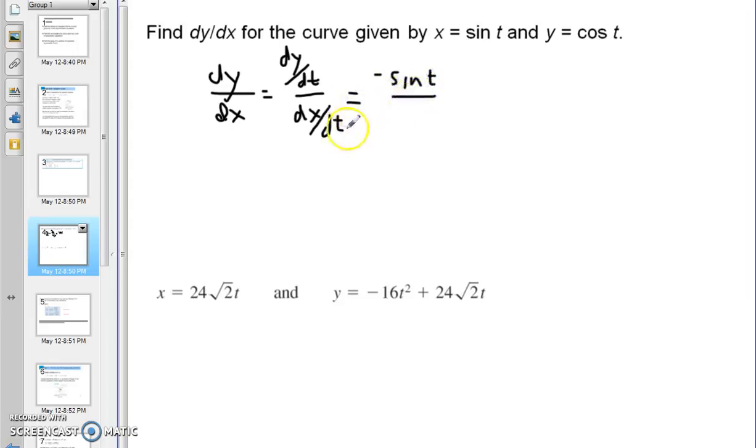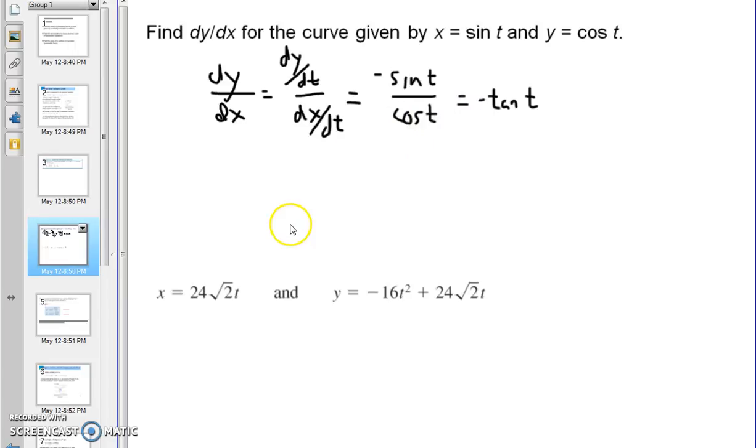And over dx/dt, the derivative of sine t with respect to t is cosine t. Which then we can write, we know sine over cosine is tangent, so this is the opposite of tangent t, where t of course is not equal to pi over 2, 3 pi over 2, etc. Okay, so we have some restrictions on that derivative.